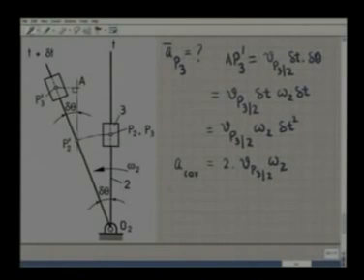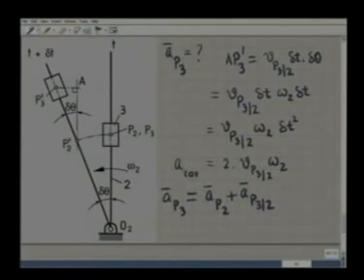As a result, we can write acceleration of P3 is equal to acceleration of the coincident point P2, plus whatever acceleration is along the slot which this observer sees for the point P3, that we denote by AP3/2, and the component which this observer misses, which is this A Coriolis, and that we can easily see by looking at the sign of the cross product twice omega 2 cross Vp3/2.